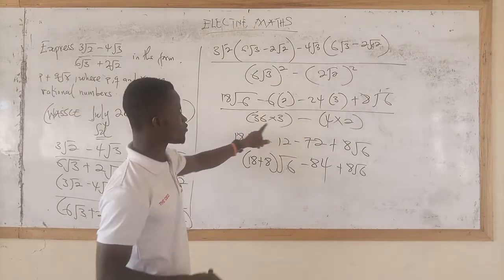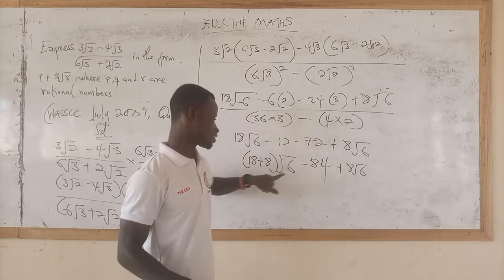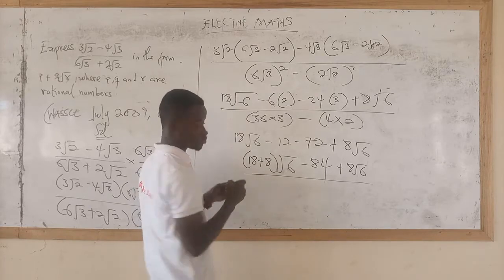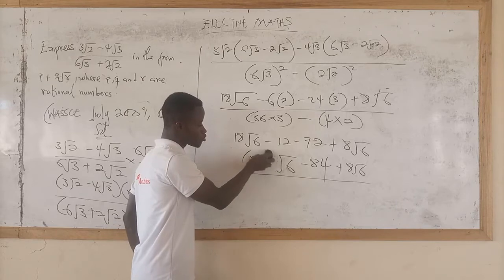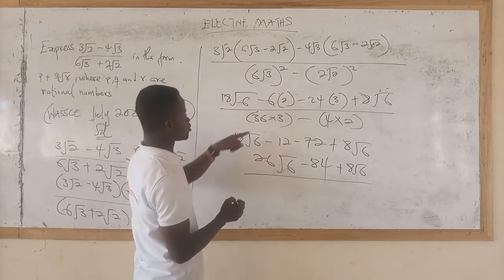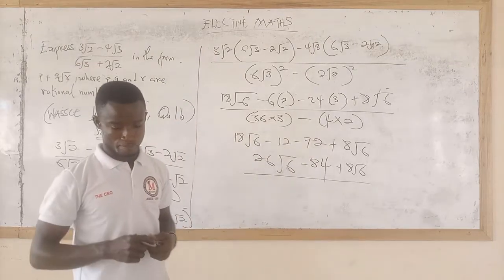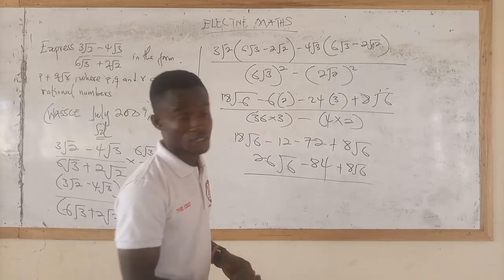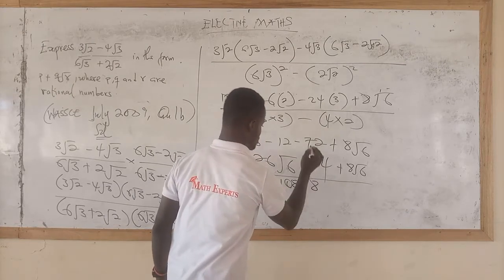Alright. Don't forget this denominator. We forgot to bring it here, but we are going to repeat it here, so don't worry. So let's add this. The 18 plus 8 will give you 26, right? So that's going to be 26. So 36 times 3 is going to be 108. 108 minus 8.